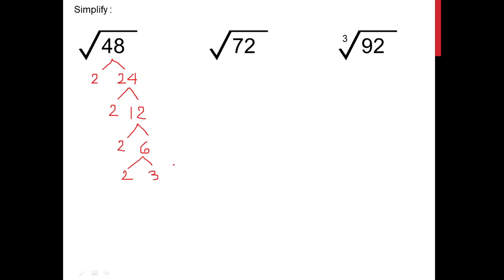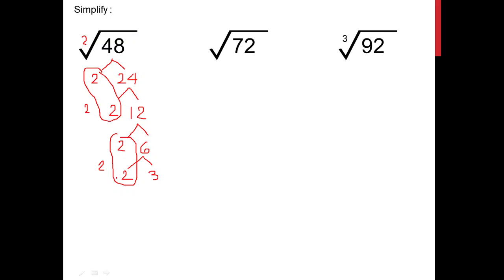So the next step is, since this is a square root, which has an index of 2, we need to pair the same numbers by 2. So we need to pair this one here, and we need to pair this one here. Notice that we have one number left here. The value of this pair is 2, and the value of this other pair is also 2.